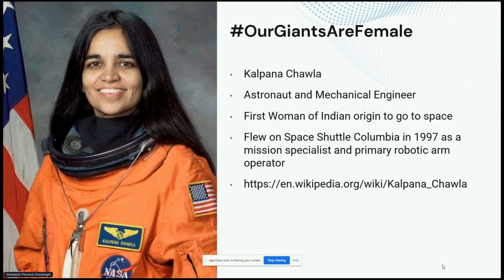She was also a member of the space shuttle Columbia, which flew in 1997, where she acted as a mission specialist and primary robotic arm operator. I've also attached a quick link about the great achievements of Kalpana Chawla.